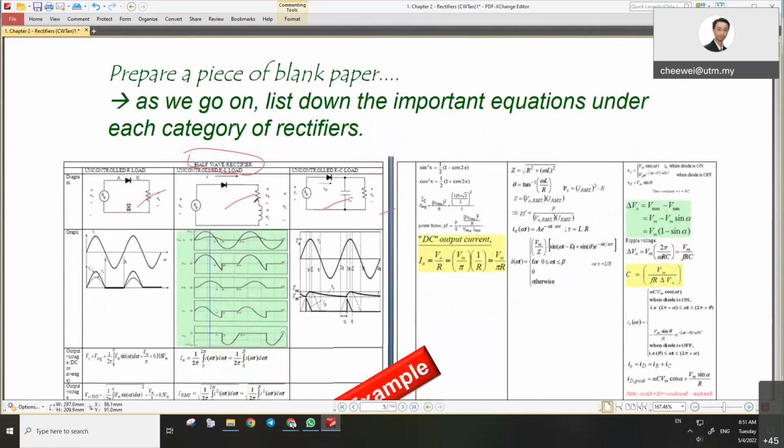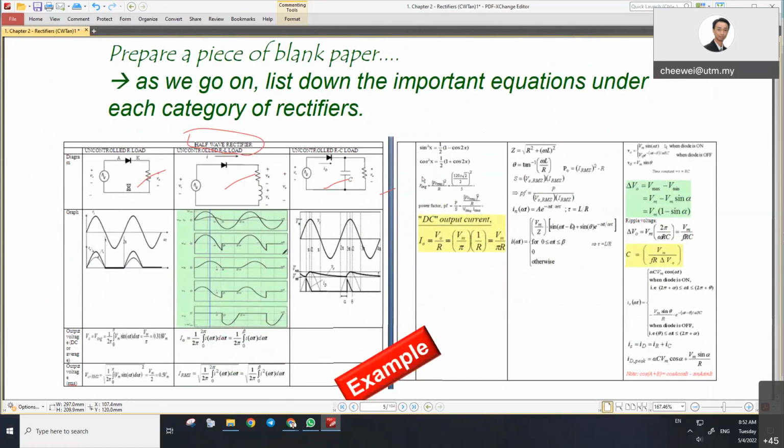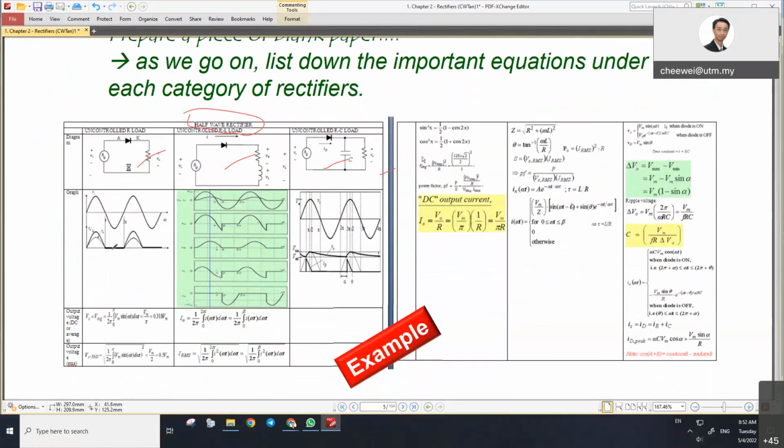So you put in 4 columns and note down the waveforms, because for waveforms we have the current, voltage, and the input as well as the output. And then what is the equation associated with each of the categories here? How to calculate the DC output, how to calculate the current, etc.